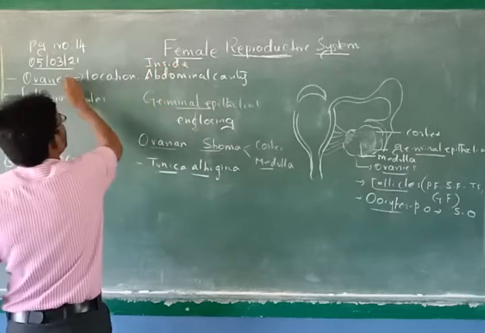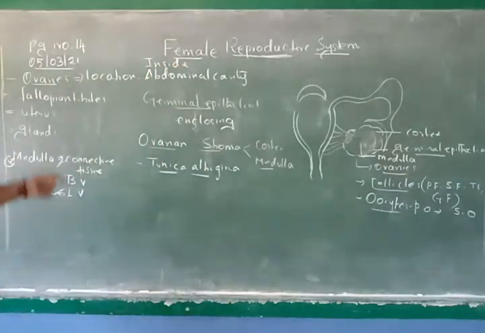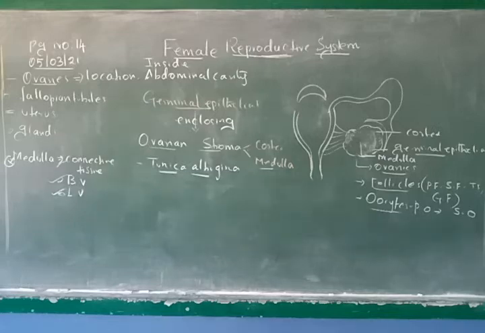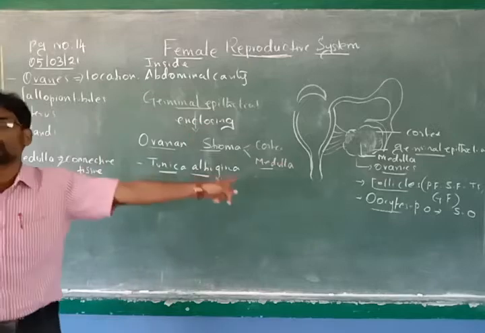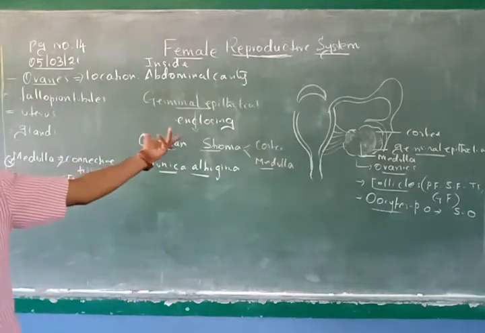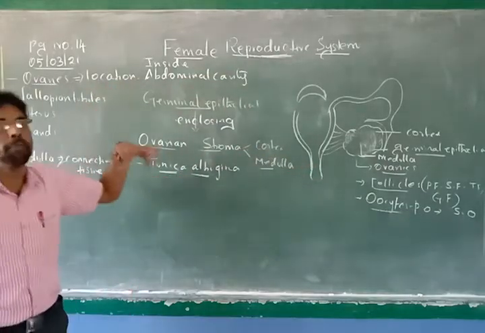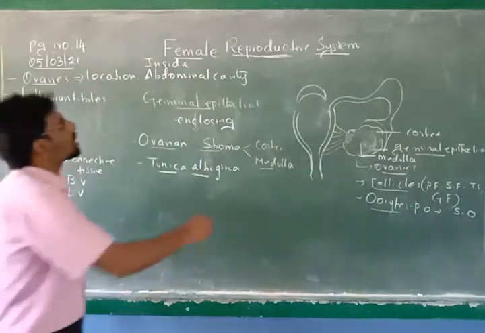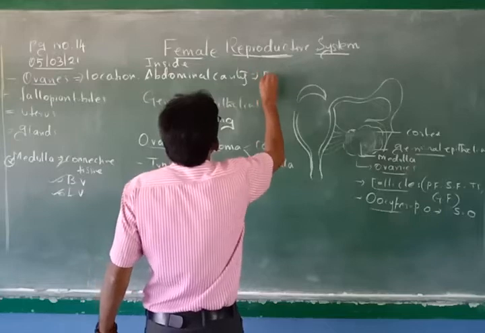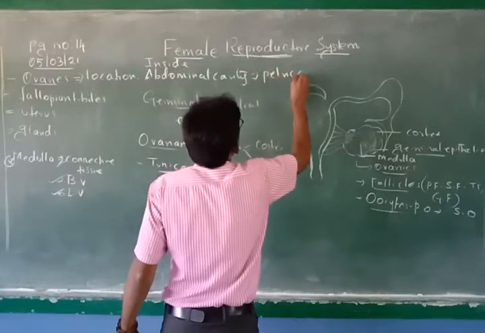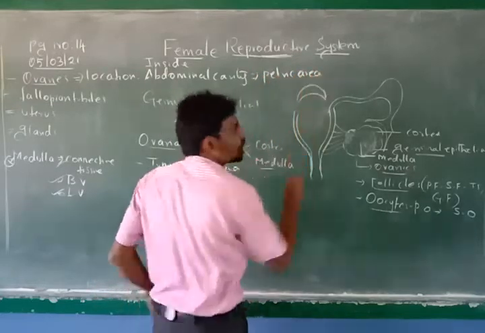Because for sperm production, temperature is highly important; a varying temperature is needed. But for egg production, for ovum production, there is no need of a varying temperature. Temperature is not going to influence that, so it is kept inside the abdominal cavity. In some books you will find the ovaries are described as present in the pelvic area or pelvic region.